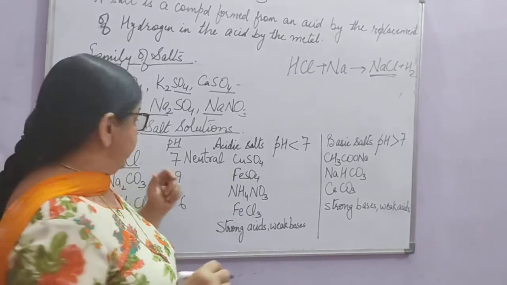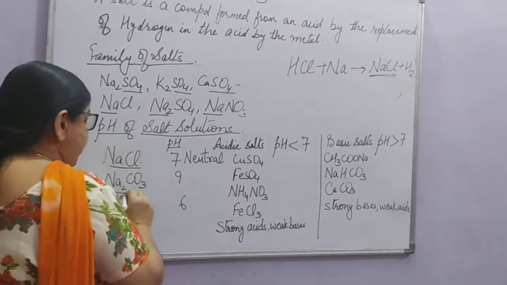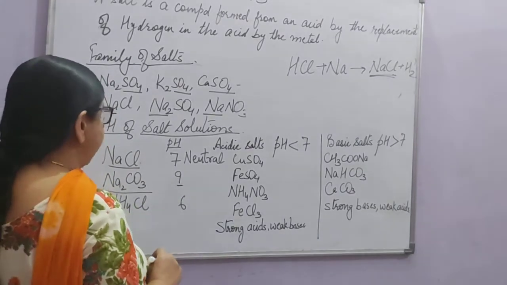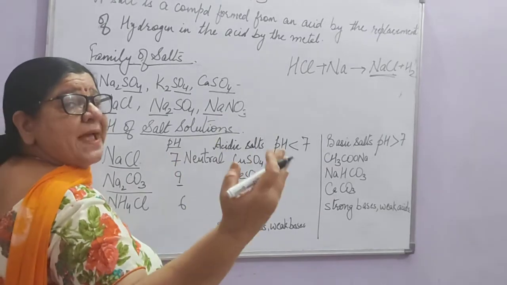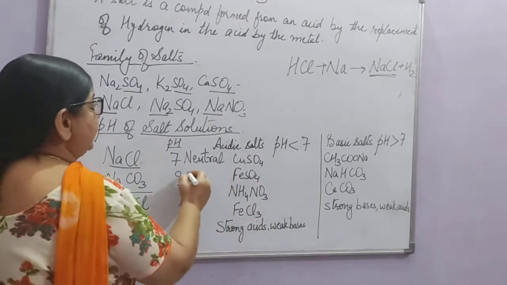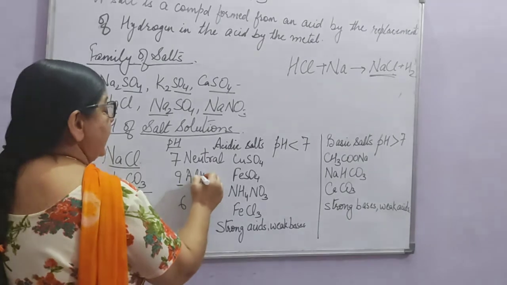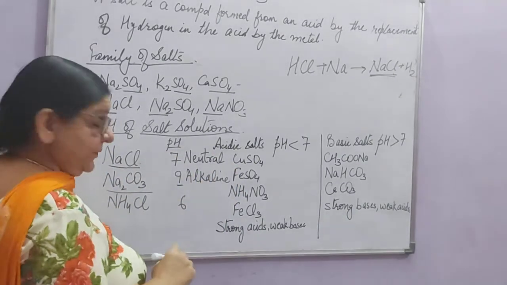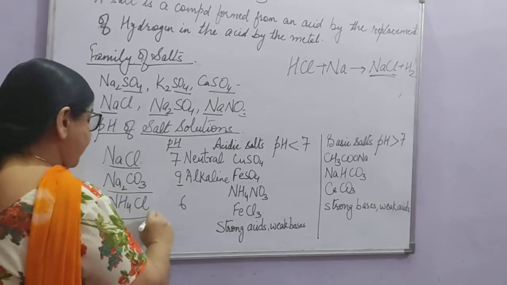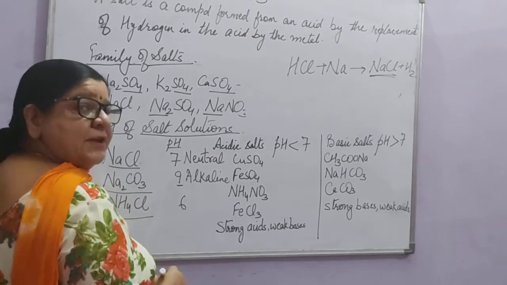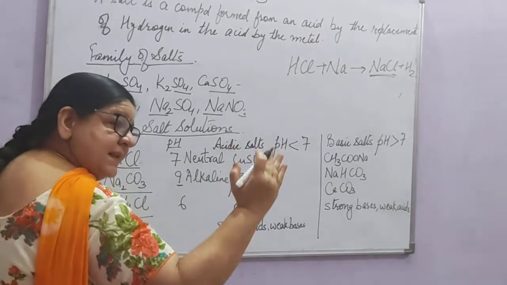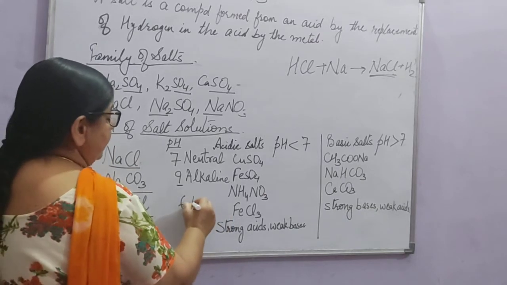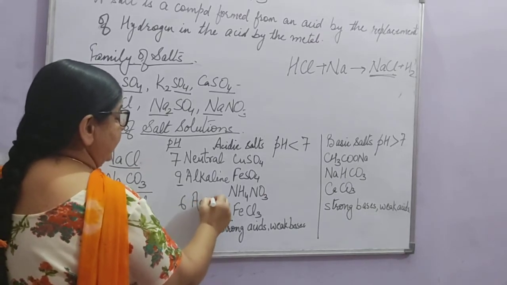Now if we see sodium carbonate, Na2CO3, its pH value is 9, that is more than 7. More than 7 means it is going to be alkaline, basic in nature. Then ammonium chloride has a pH value of 6, so that is less than 7. Less than 7 means it is going to be acidic in nature.